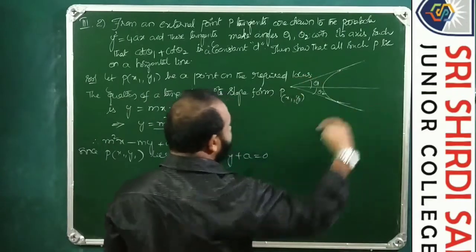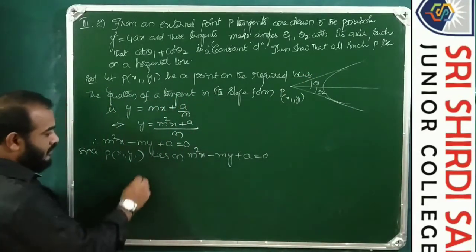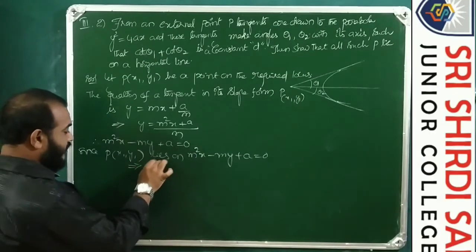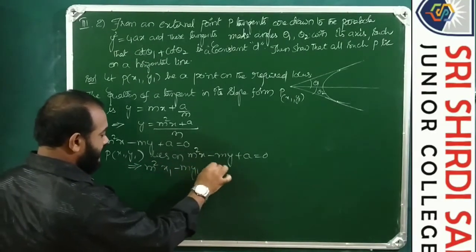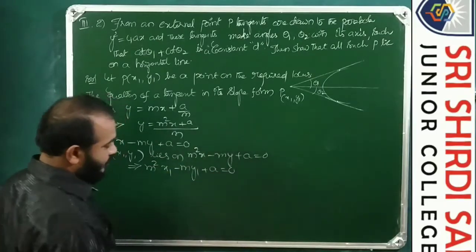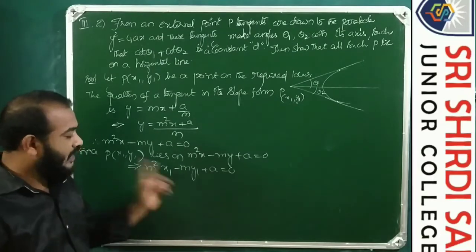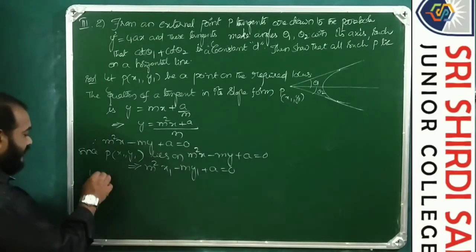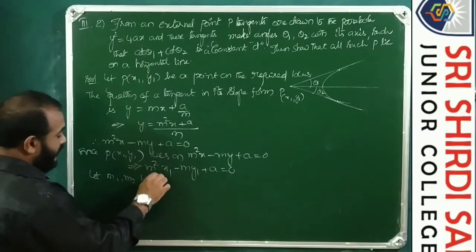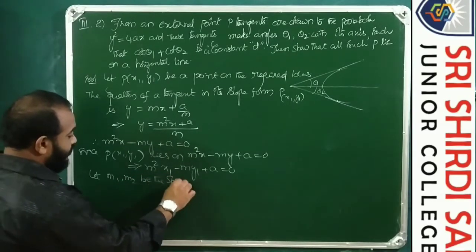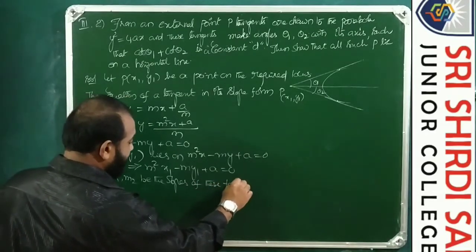These are the tangents, and P lies on the tangent, implies m square x1 minus m y1 plus a equals to 0. So this is the quadratic equation in m. Let m1 comma m2 be the slopes of these tangents.